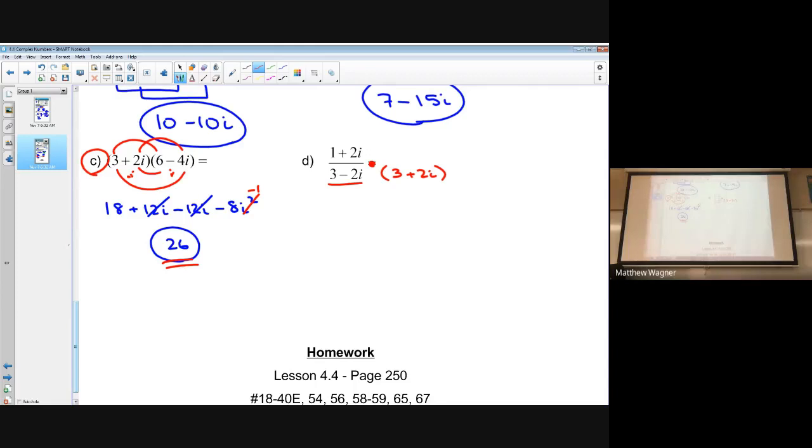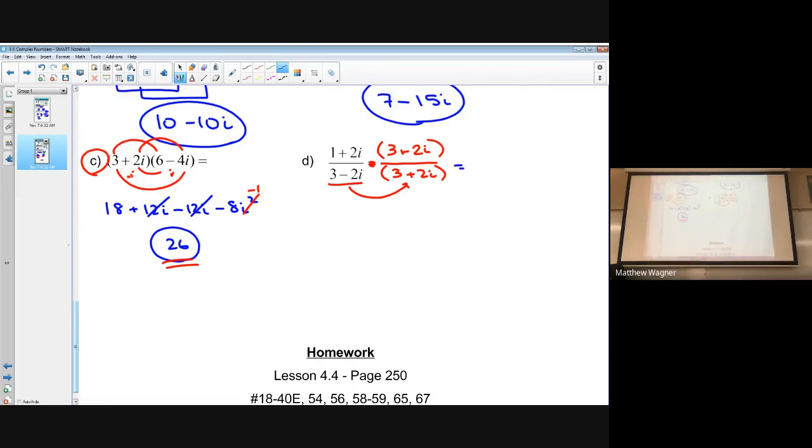So we take our denominator and all we do is we flip the sign on the imaginary component, okay? If we do something to the bottom in math, we also have to do it to the top, because essentially what I'm doing is I'm multiplying the fraction by 1.